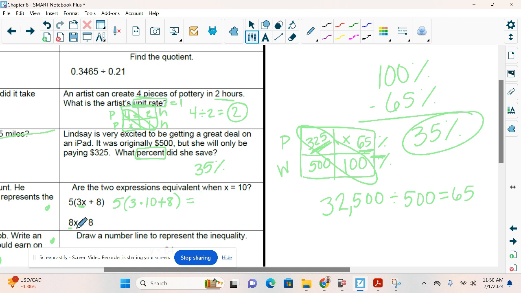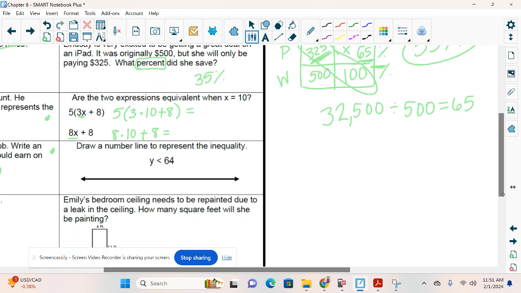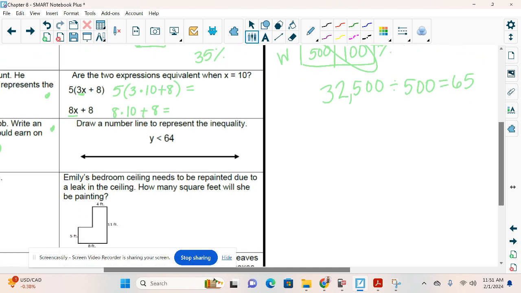And then we can do 8 times 10 plus 8 and see what we get. If they're the same, then they're equivalent, so the answer is yes. But if they're different, then the answer is no, they're not equivalent. We're not going to do this one yet, so you don't have to worry about that one.